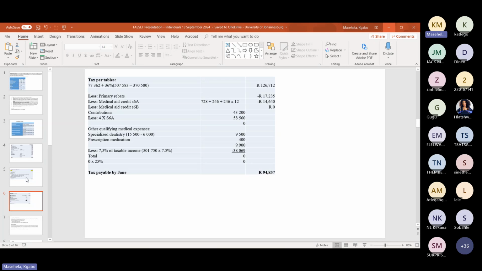Then, look at this, because they are saying, calculate the normal tax payable. For you to do that, there's no way that you cannot use your tax table.